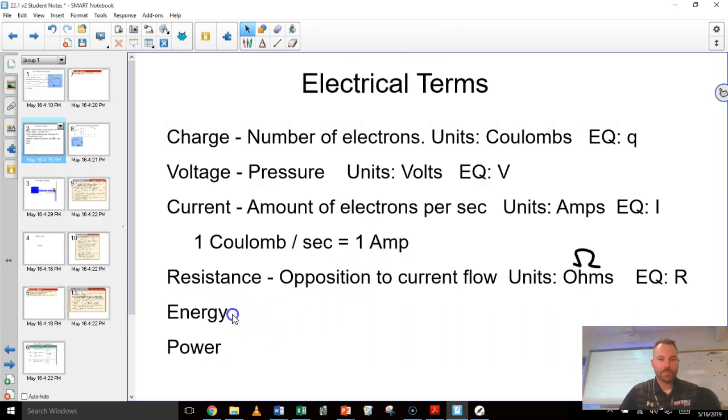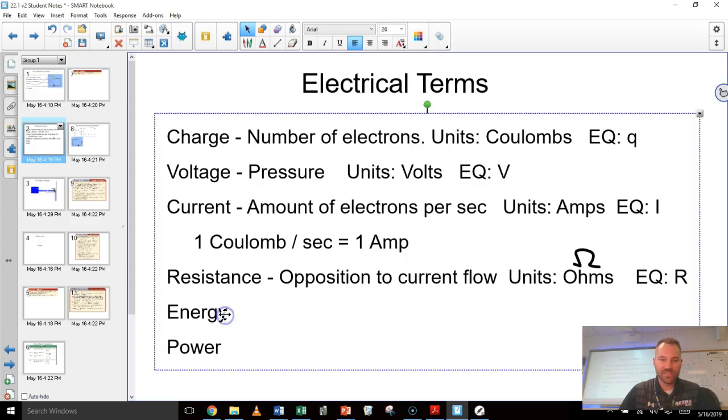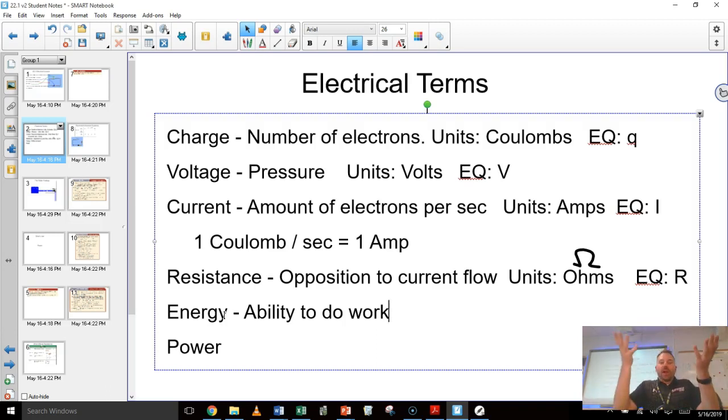Energy. That is the currency of the universe. Energy is, we traditionally define it as the ability to do work. That means create heat, create light, lift something up in the air.